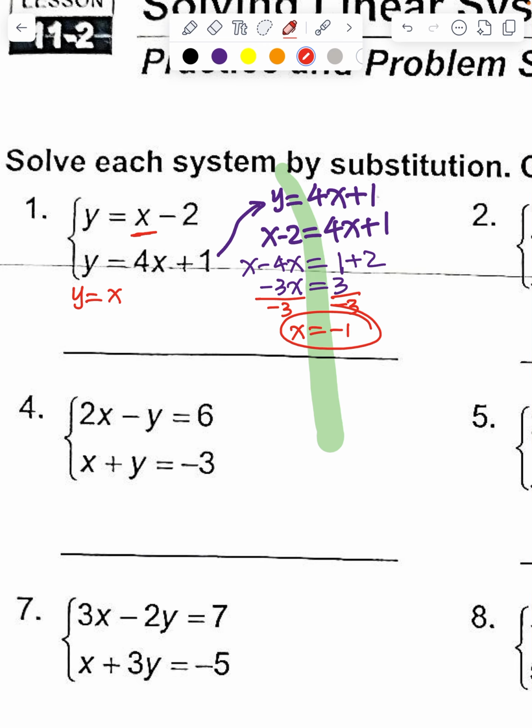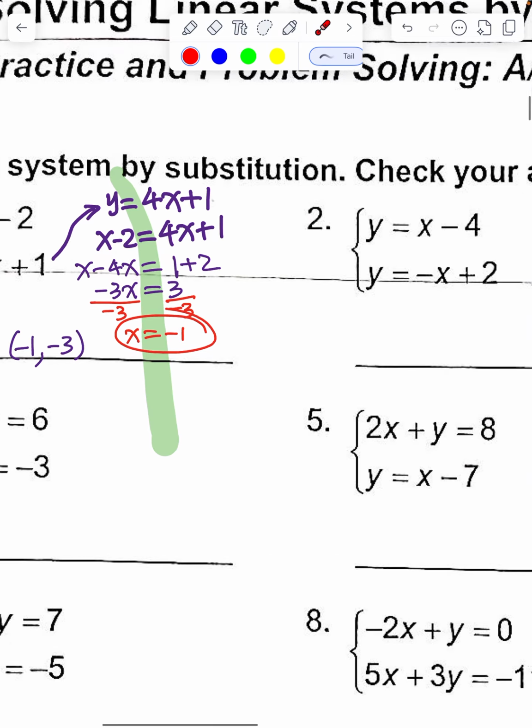So x minus 2, replace x by negative 1, then minus 2. Negative 1 minus 2 is negative 3. So x equals negative 1, y equals negative 3. Sometimes it's better to write our answer as an ordered pair: (negative 1, negative 3). That's our final answer.